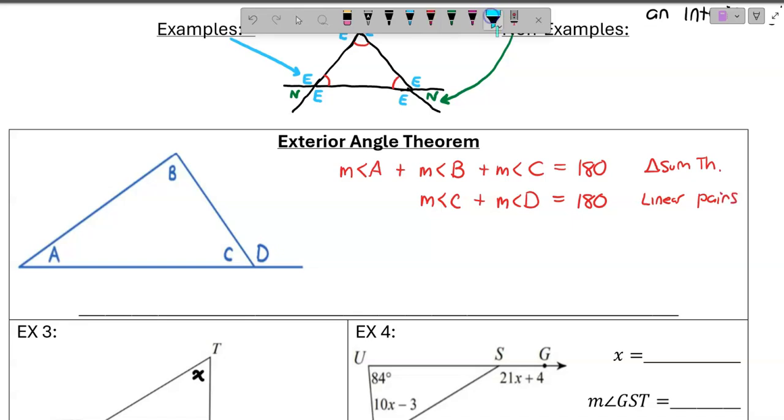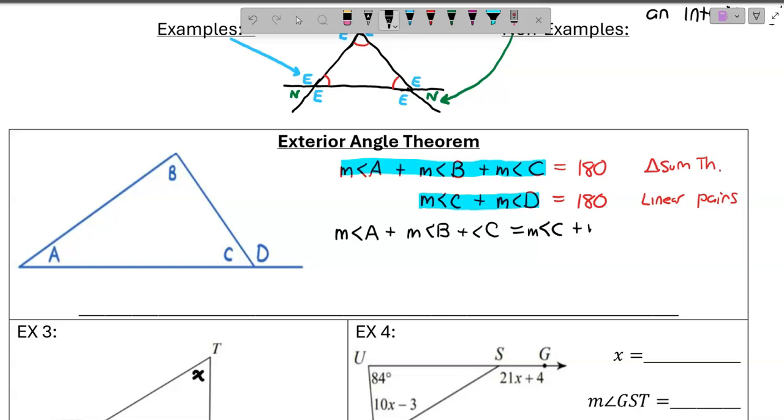Now, technically, since these three angles equal 180, and these three angles also equal 180, I could make a brand new equation that says angle A, angle B, and angle C have to then equal angle C and angle D. That's really just what we would call in math a substitution.